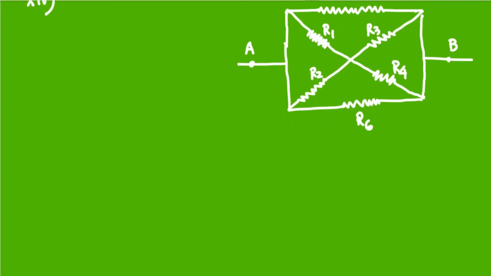So these are the 6 resistances in this circuit diagram, and the modified circuit diagram of the given diagram will be as follows.